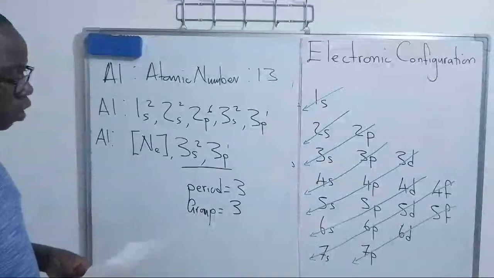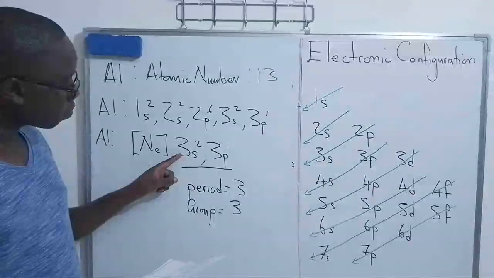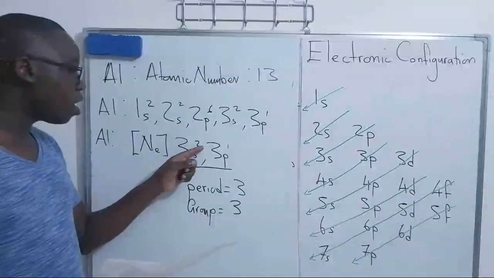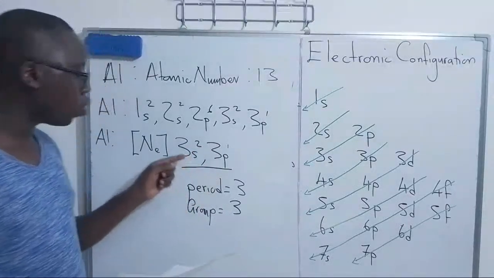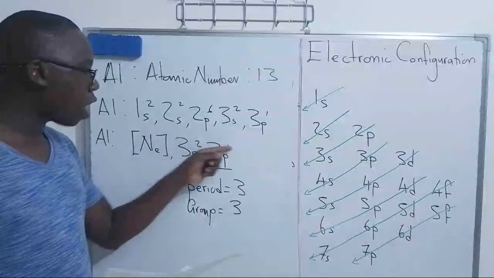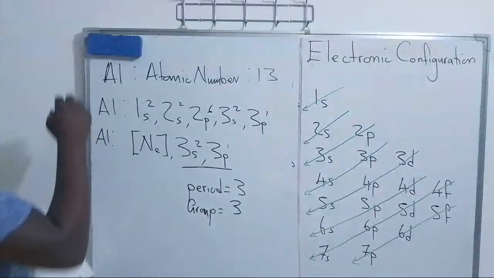So we have used the highest level, that is 3, that's the principal quantum number, and the electrons in the highest levels, which is 2 and 1, to get the period there. So this is how we get the period.